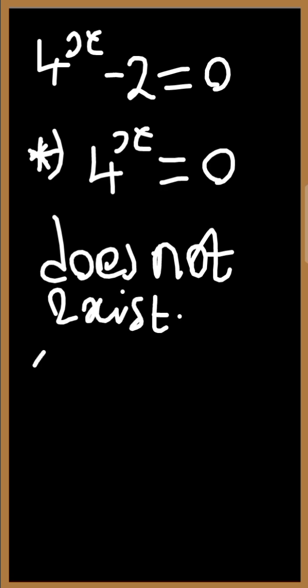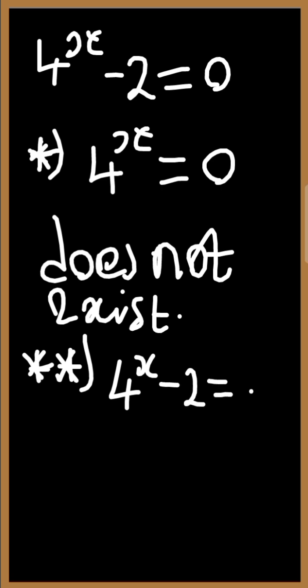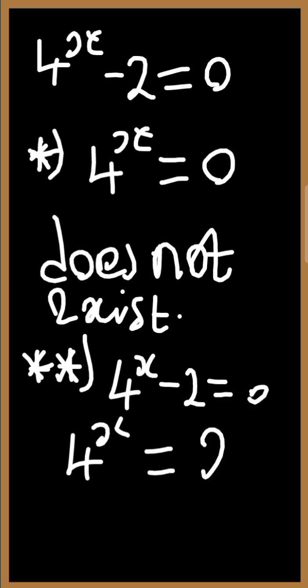Now we take 2 star. The next case: 4 raised to the power x minus 2 is equal to 0. First, we are going to transfer negative 2 to the right hand side, which gives us positive 2.